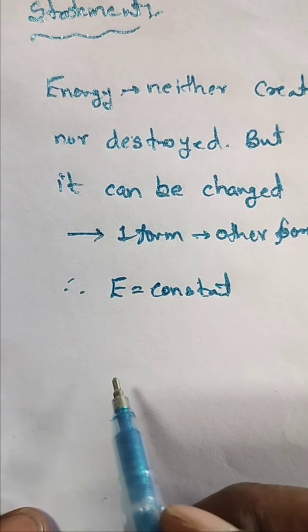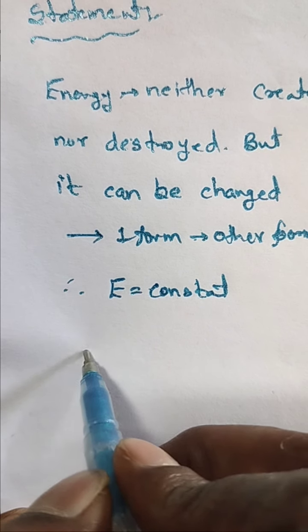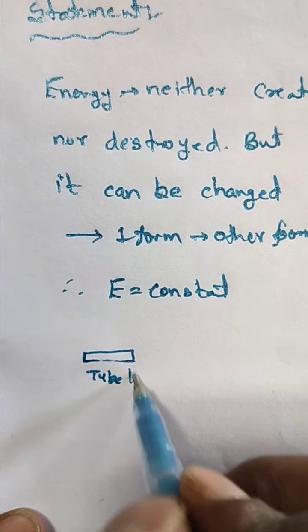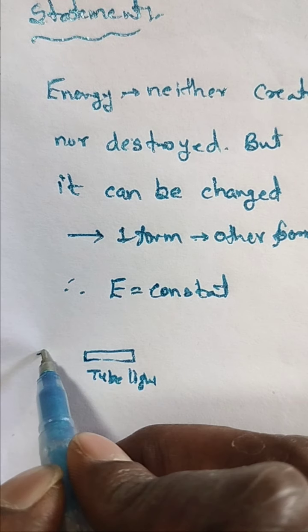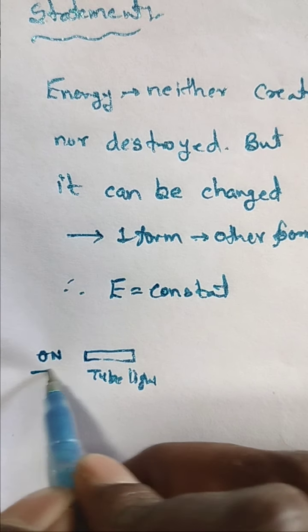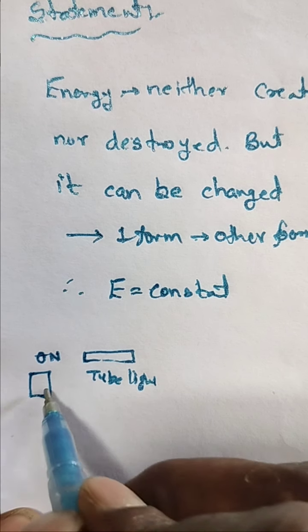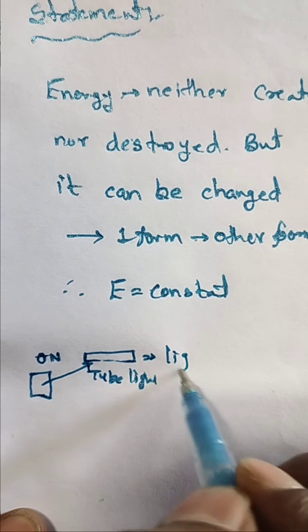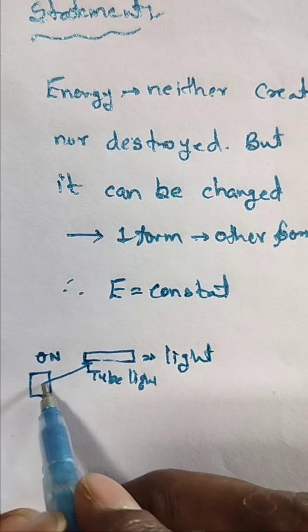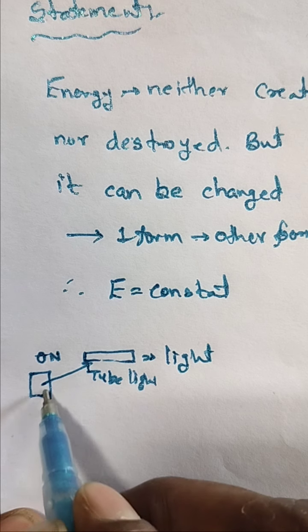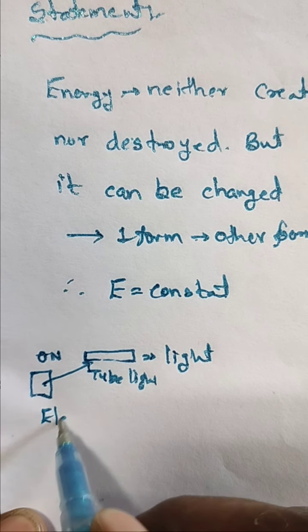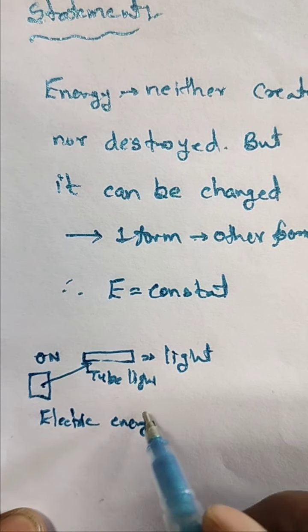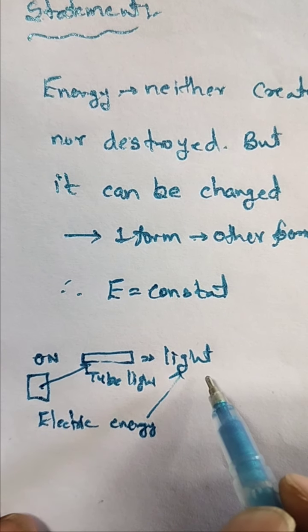For example, suppose this is a tube light, and this is an electric power switch. When the switch is on, the tube light gives light. So the electric energy is converted to light energy.